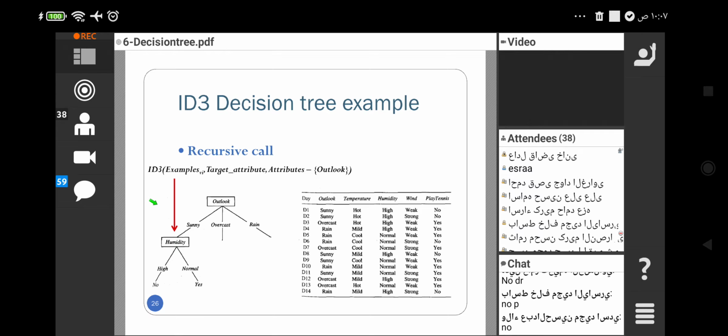And we see that humidity has the highest information gain, so we put it in this node. I have not put the calculations here.